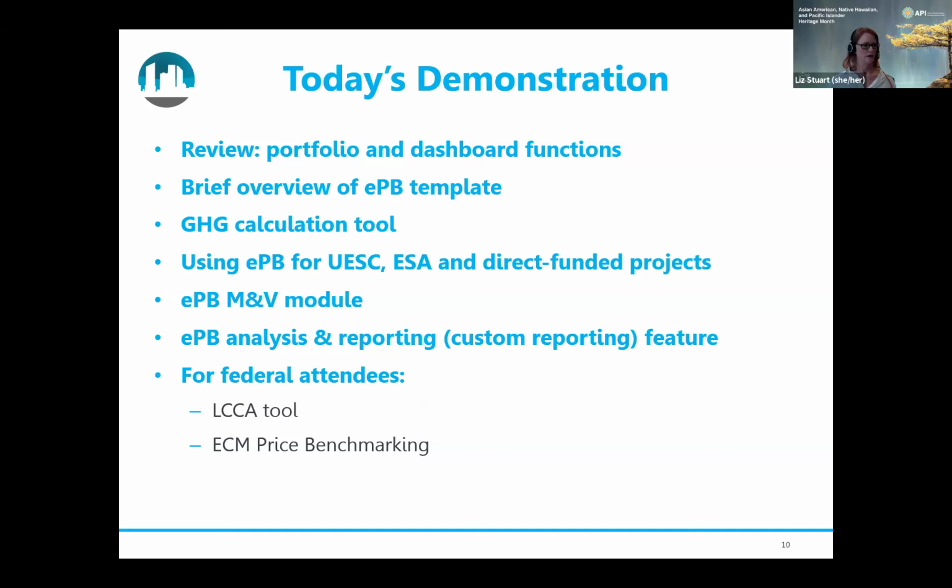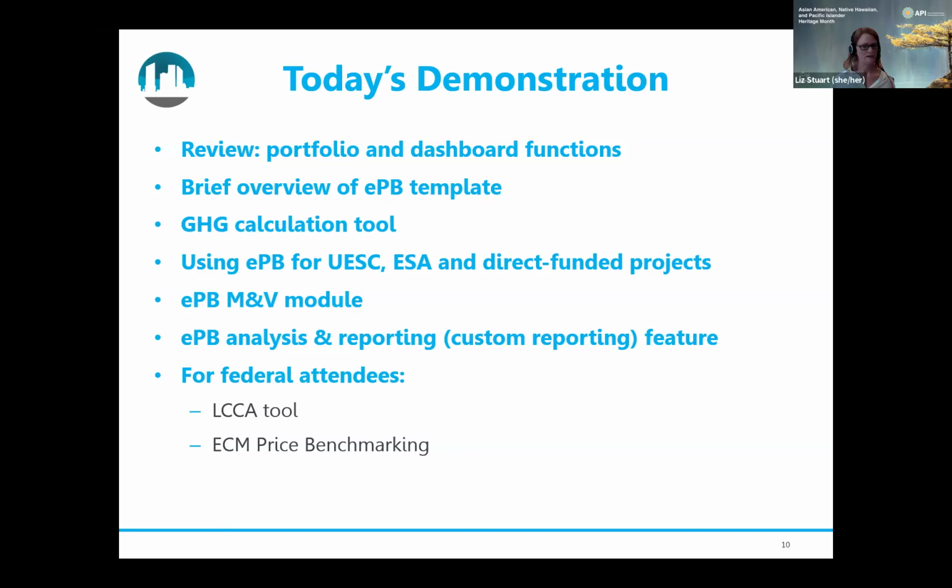So for today, we're going to review the portfolio and dashboard functions. We're going to do an overview of the eProject Builder template for those who are not familiar with it, including the greenhouse gas calculation tool, and show how to adjust or use the template for different types of projects. That's UESC, Utility Energy Service Contract, which is mostly a federal tool, but at least one state is using it.